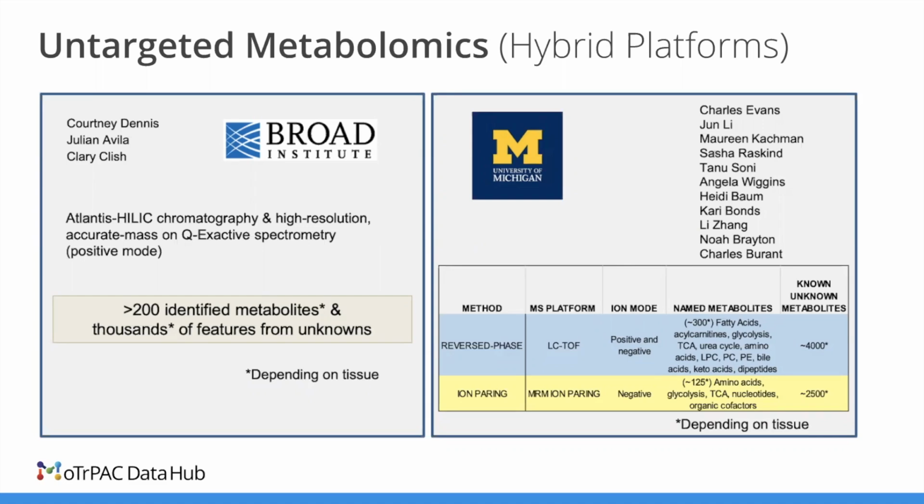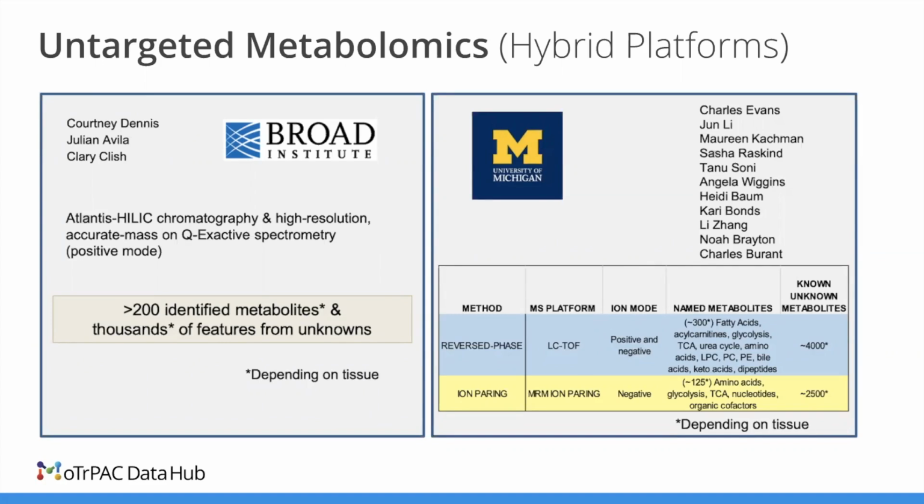So they can identify 200 metabolites with relative quantification. And then thousands of unknown features are present in the output from this platform.